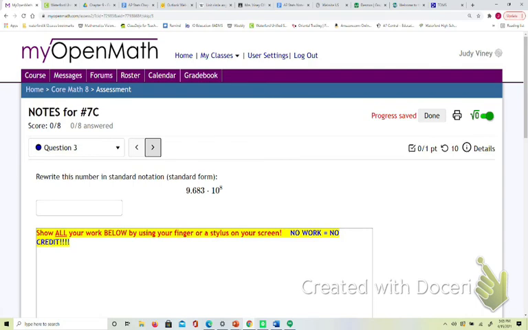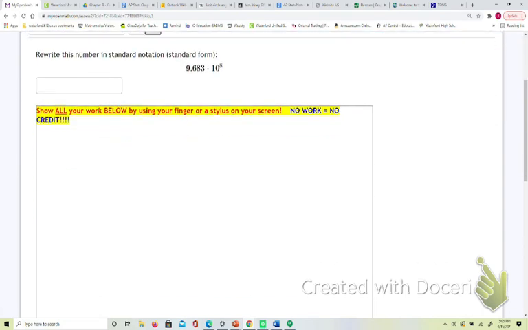Number 3. Okay, number 3 says to rewrite it in standard form. So in your work area, can you please write 9.683 times 10 to the 8th? And then equals, and then 9.683. Now we have to move the decimal point 8 spaces. And because the exponent is a positive 8, we'll move it right.